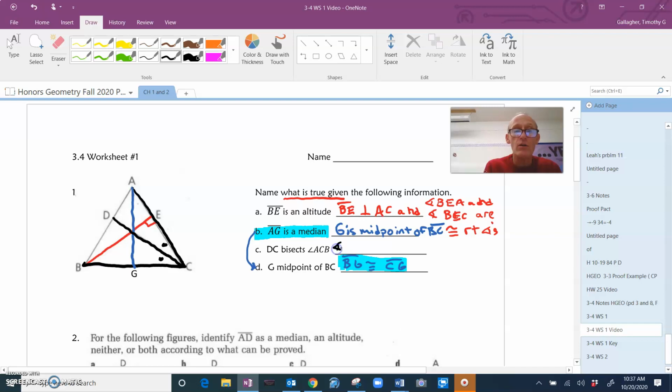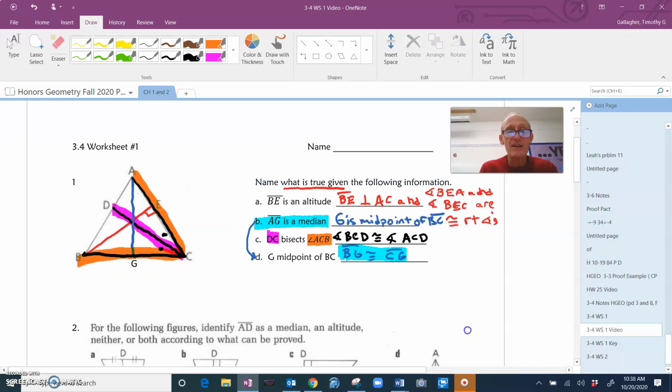So angle BCD is congruent to angle ACD. That's what's true given that DC bisects that angle. All right, and angle ACB is this one.